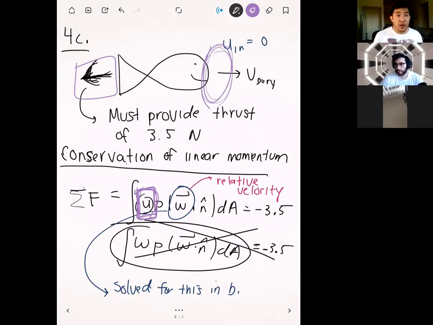From the problem statement, the fluid in front of Dory is still, so we say that u_n is equal to 0. To satisfy conservation of mass when we increase the outlet jet, Dory has to swim faster, which is what we want.